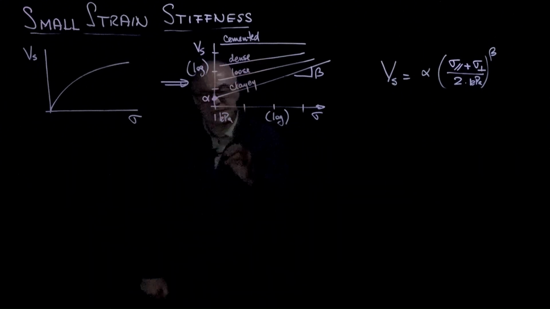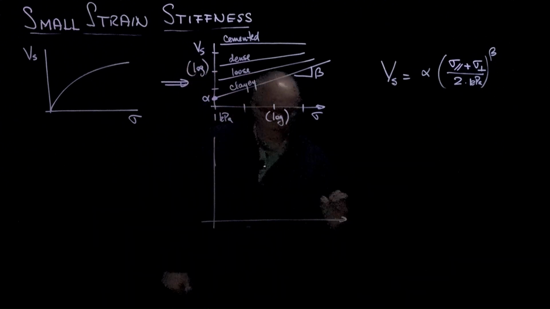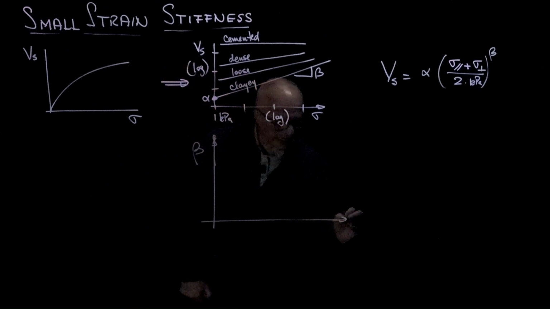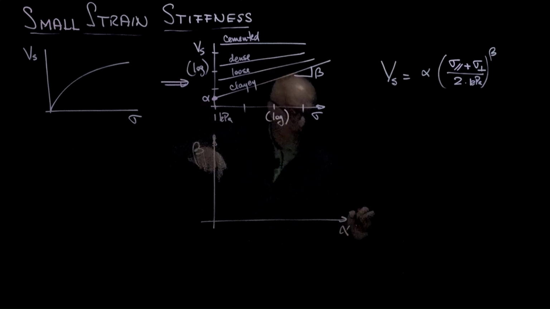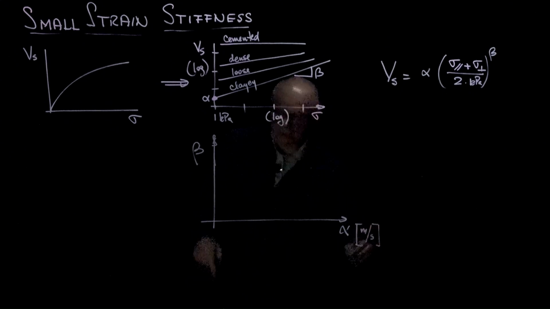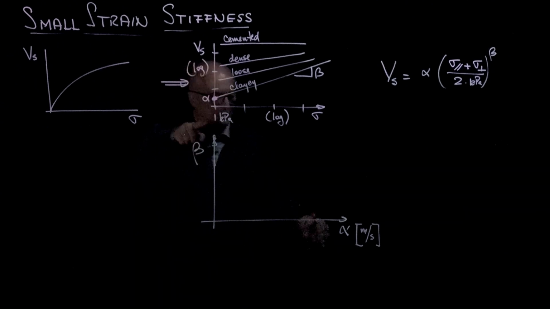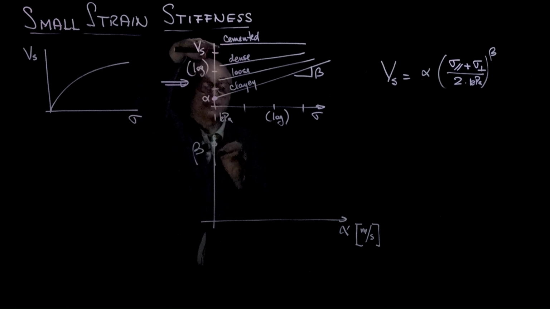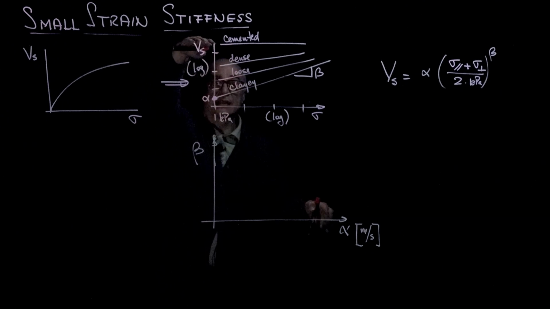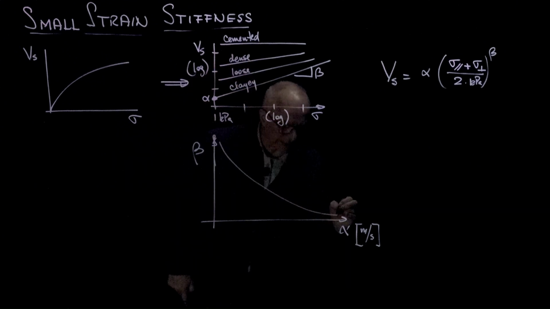So this is a summary of that data where I plot the beta exponent versus the alpha value. And remember, alpha is the velocity at 1 kPa, so this will be in units of meters per second, while beta has no units, it's the exponent. Materials with very low alpha value have a high slope, and materials with very high alpha values, like cemented soils, virtually have zero slope, and so the trend looks like that.